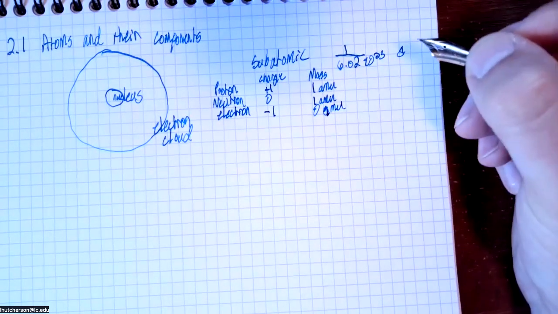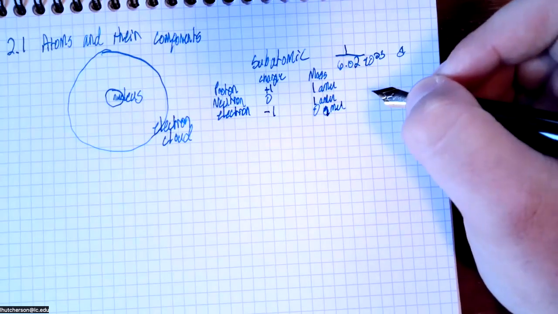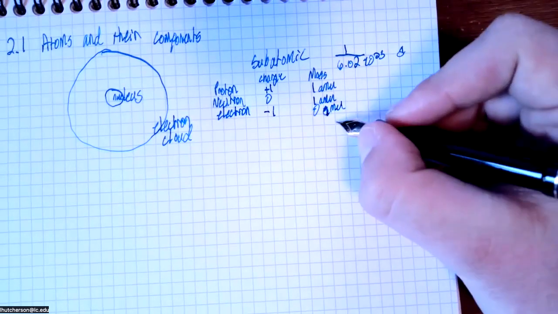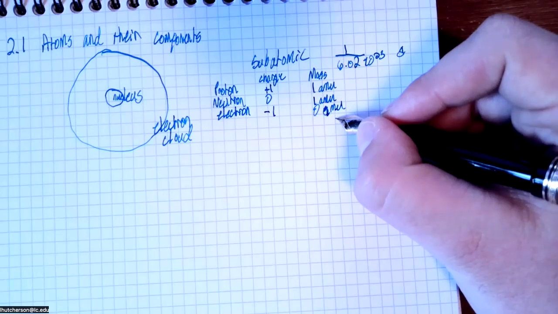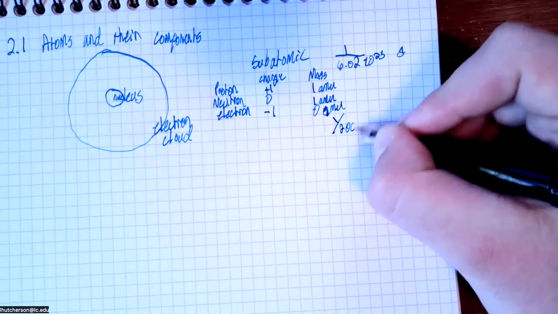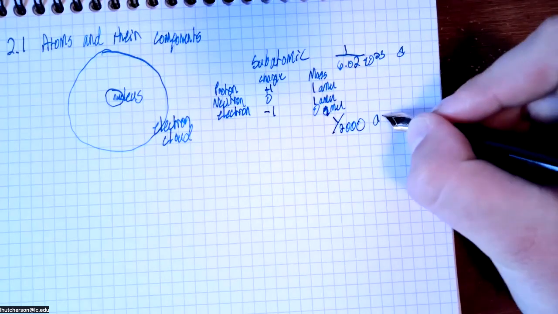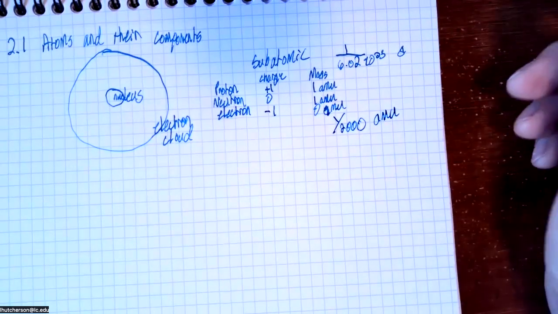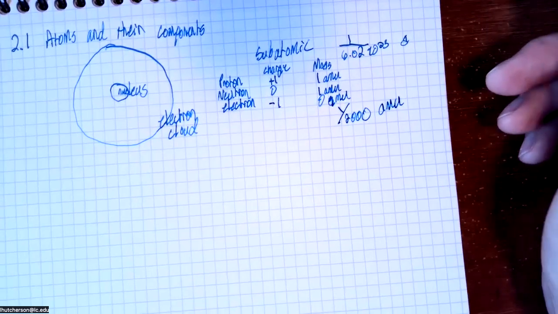Now, can it actually be 0 AMUs and still be considered matter? No, it can't. And if we were to measure the mass of an electron, which can be done, we would find that it's about 1/2000th of an AMU. So again, the mass is there. It's just not enough for us to worry about.